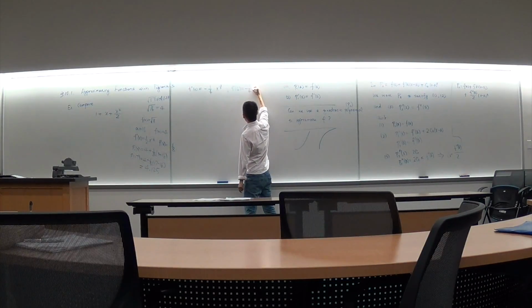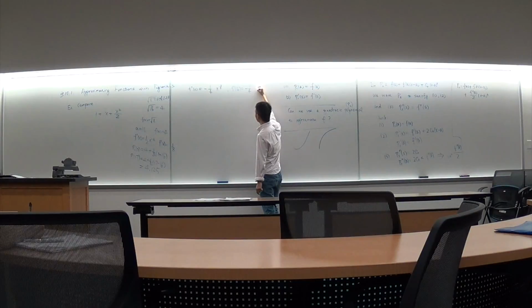That's negative 1/4 times 16 cubed, and then take the square root, and this is on the bottom because of the negative exponent.